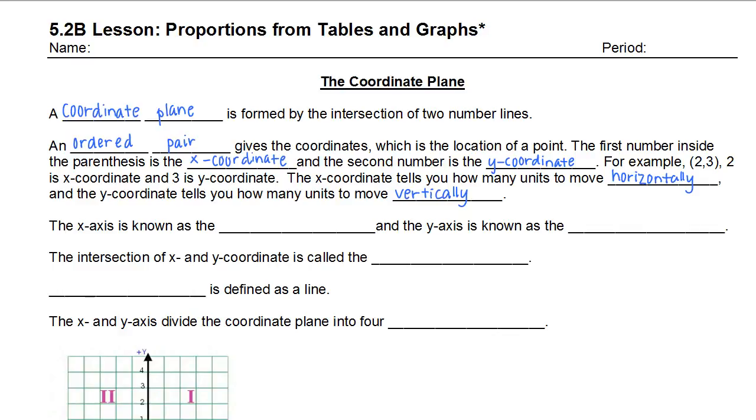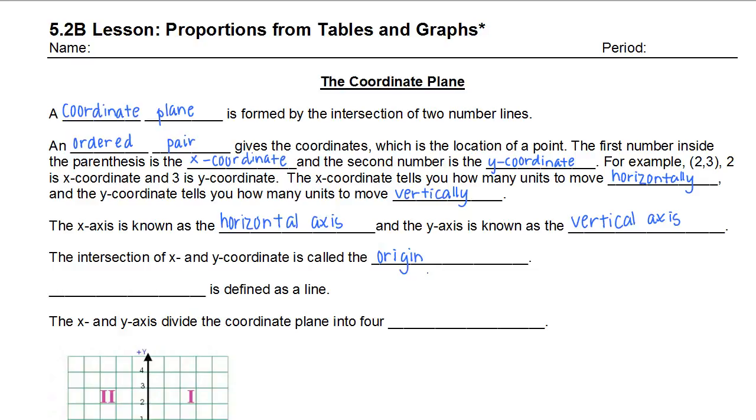The x-axis is known as the horizontal line or the horizontal axis, and the y-axis is known as the vertical axis. And we will be labeling a coordinate plane shortly, so we'll look at that a little further.